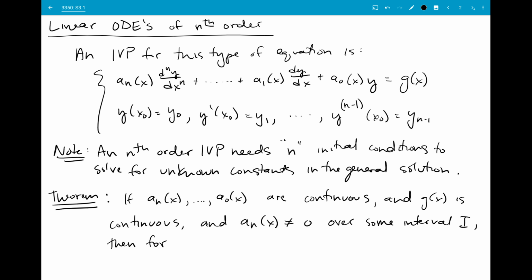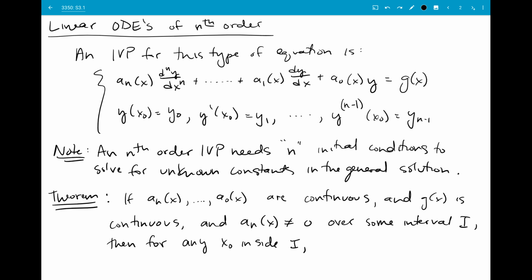then when you start inside that interval with any x0, that would be the x value that we use for our initial conditions.